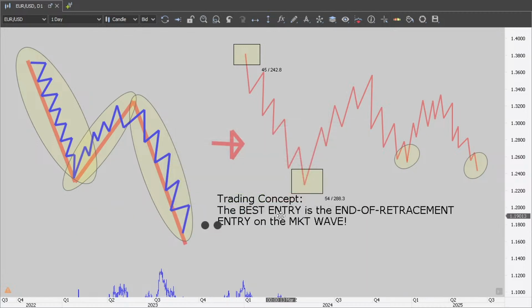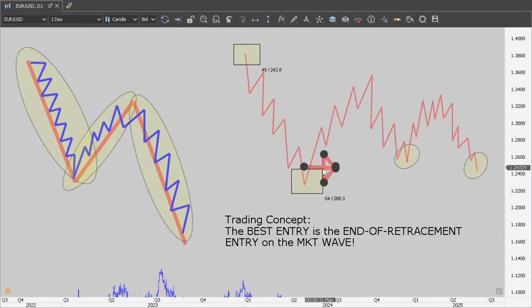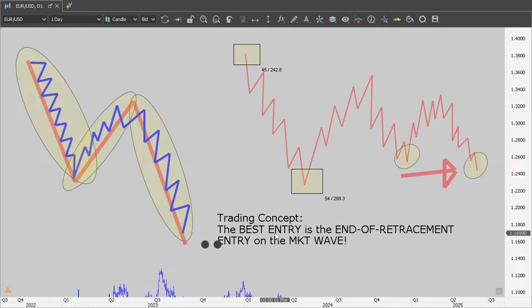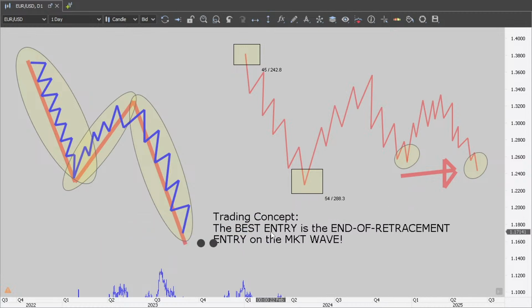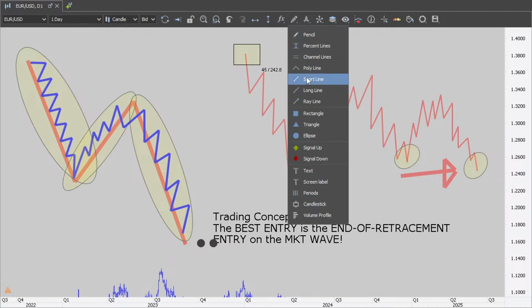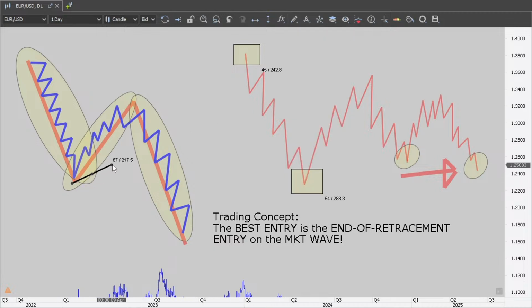The second circle, correct. Why is that? You are correct, but why the second circle? In the meantime, everybody, trading concept, the best entry, talking about how to trade trends inside the market structure. The best entry is the end of the retracement.